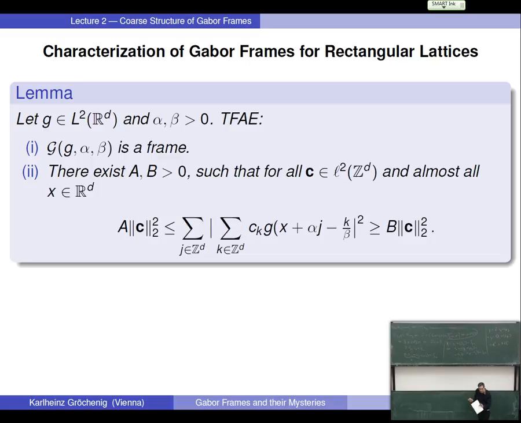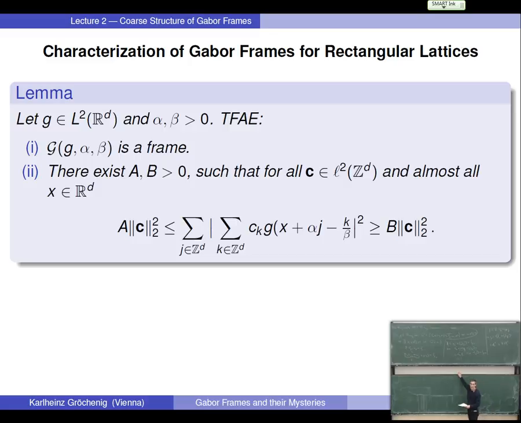So, if you want to understand and check whether a Gabor system generates a frame or a Riesz sequence, one technique that has been used is to construct some dual window. In certain cases that can be done easily. I hope that I'll have time to show you one easy example.